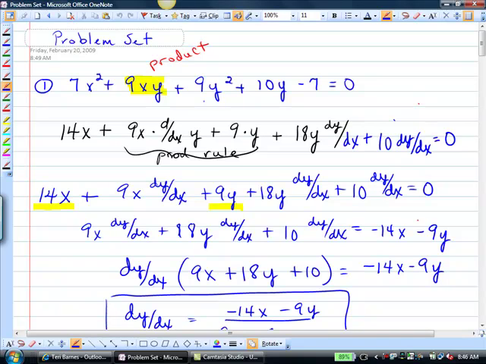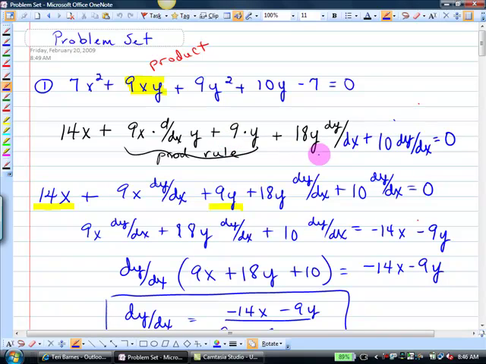Okay? All right. So we had 14x, that's the derivative of 7x squared. We have this product, so that's 9x times the derivative of y plus y times the derivative of 9x, which is 9.